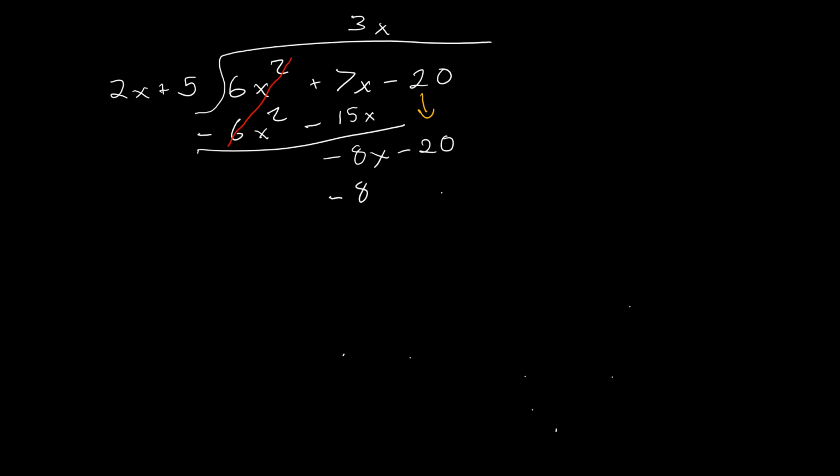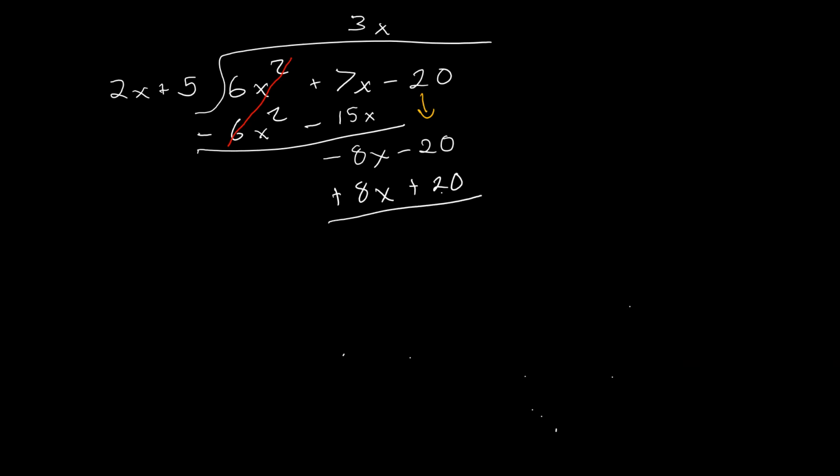So now we go over here, negative 8x minus 20. Now we are subtracting this entire quantity. So minus negative 8x could also be written as plus 8x, and minus negative 20 can be written as plus 20.